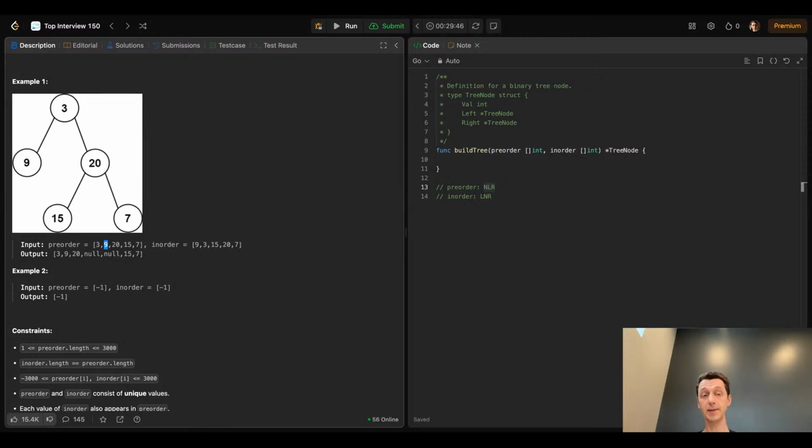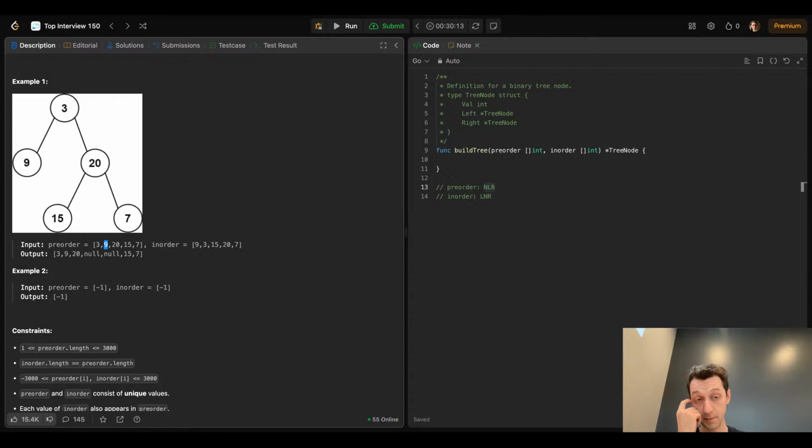Yeah, and it doesn't necessarily have a left child. 9 could have been also a root of the tree. Then 3 would be its right node. Could be 9 and 3.